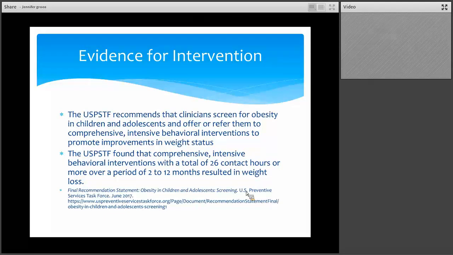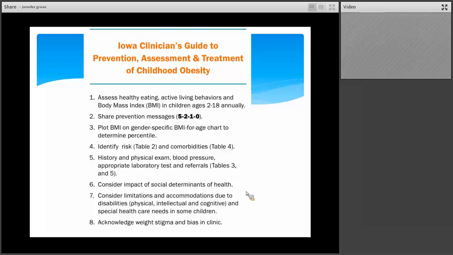We know that body mass index is one result that we look for, but also something that a lot of the studies aren't capturing as well yet is the behavioral changes, and we know that those behavioral changes can have a big impact on decreasing the risk of comorbidities for these conditions. So the name of the game is to try and get families in more contact hours to be focusing on this issue.